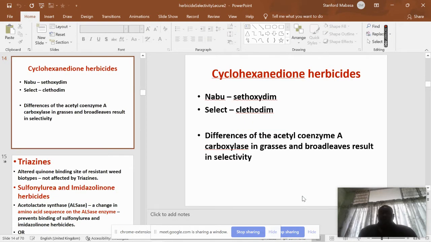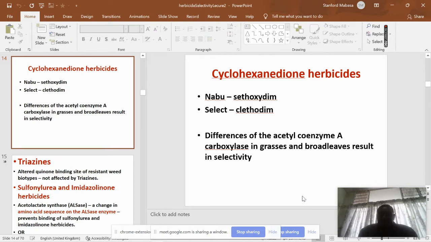Another group of grass killers, cyclohexene-dione herbicides: Nabu, sethoxydim, select, clethodim. Probably you are familiar with Nabu, which can be used to kill grasses in soybean and groundnuts.